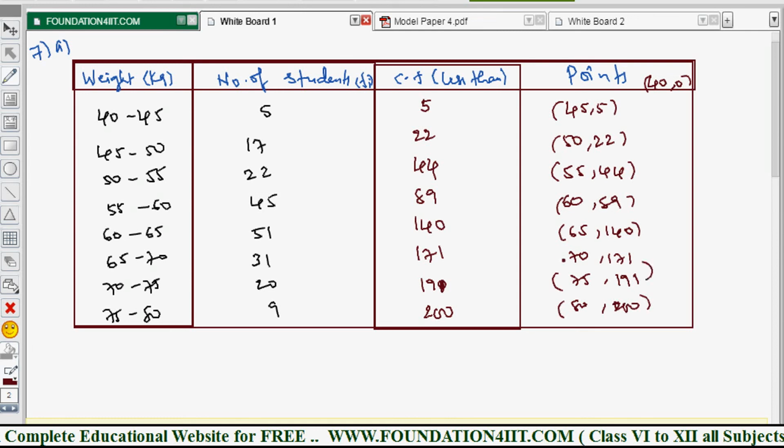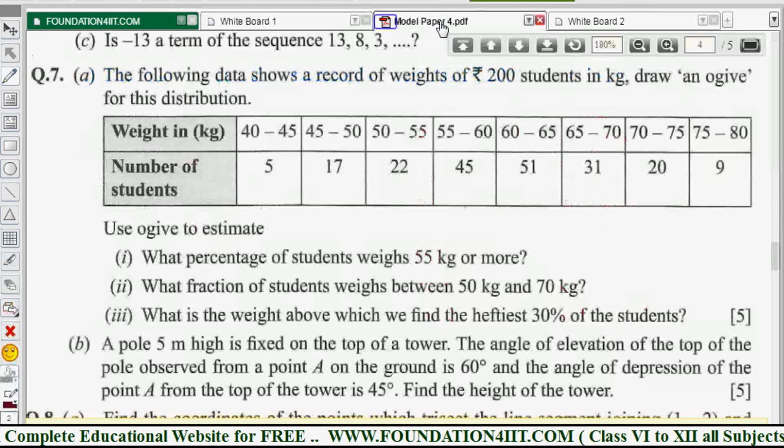Let us plot these points on the graph. From the graph we will find the answers to the questions.